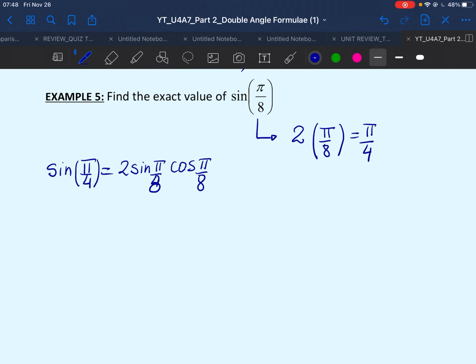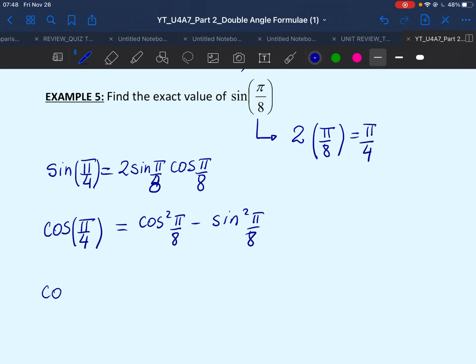Another formula that I know of that has sine in it is cosine of double pi over 8, which is pi over 4, equals cosine squared pi over 8 minus sine squared pi over 8.